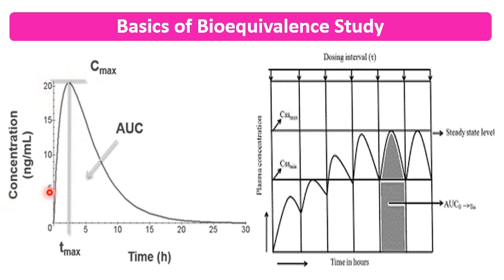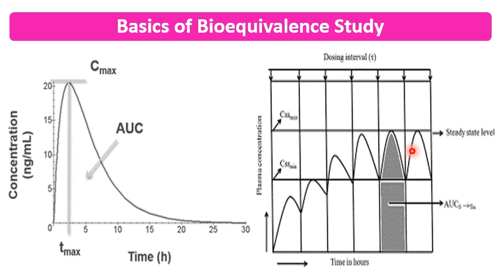So this is regarding the single dose bioequivalence study, and this is regarding the multiple dose bioequivalence study. Here you have started giving the dose, then at this time you have given another dose, so you keep on giving the doses, and after 4 to 5 half lives the steady state is achieved.